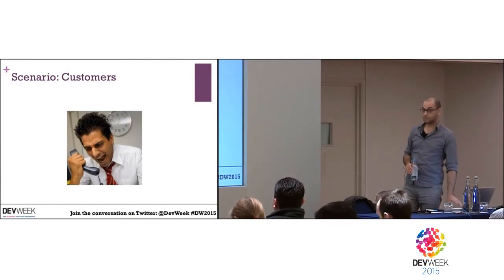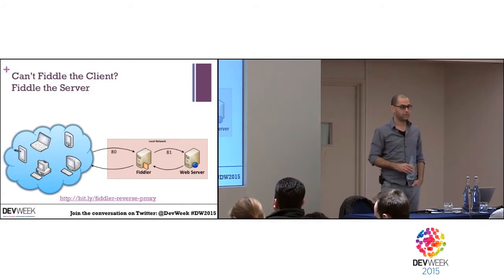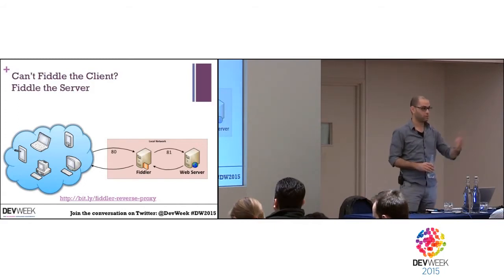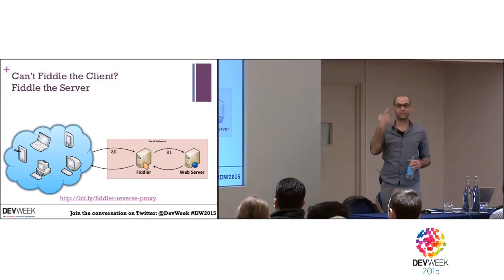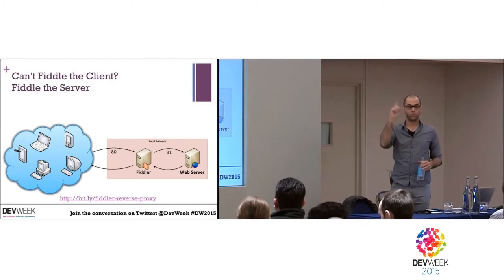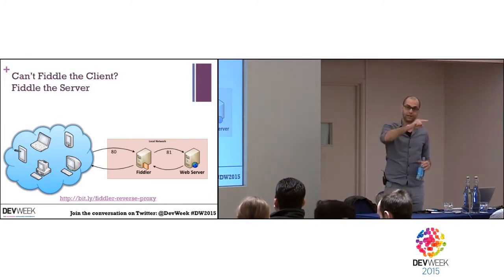Last but not least, customers. If you can't install Fiddler on a customer machine because you need to diagnose something, you can install Fiddler on the server. Fiddler can act as a reverse proxy, meaning that it will listen on port 80 and not your web server. It will redirect all the incoming traffic to a different port that you set for the web server, say 81 or 82, and then send back the response.